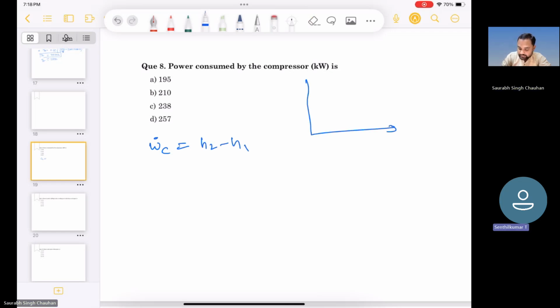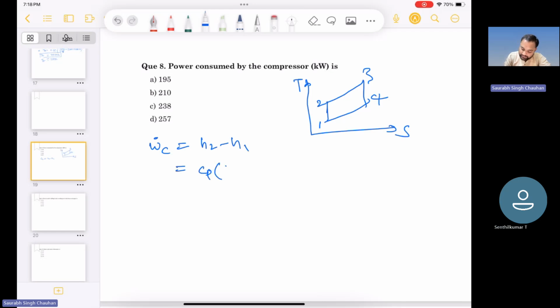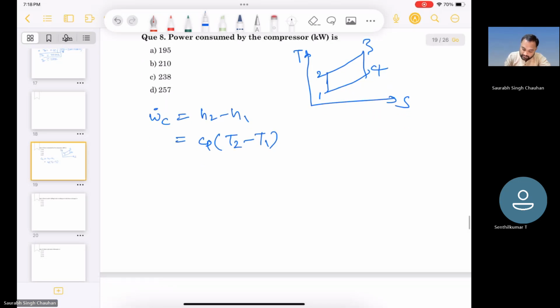Yes, sir. This is TS diagram. This is 1, 2, 3, 4. This should be simply H2 minus H1. And you can write Cp, T2 minus T1, right? This is small w, okay? So specific work. Cp is given 1.005 kilojoule per kg Kelvin.